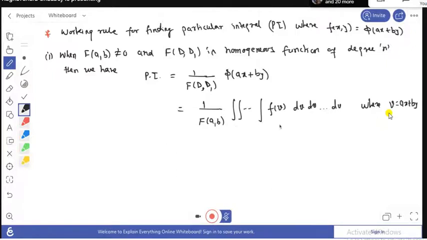Here you are using a multiple integral of order n, because this is homogeneous of order n.